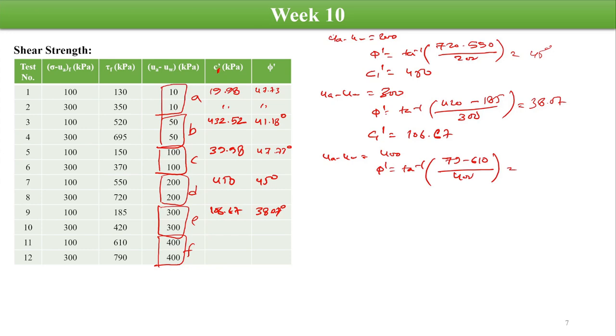That will be equal to 24.27 degrees, and the C1 dash will be equal to 610 minus 100 times tan of 24.27.